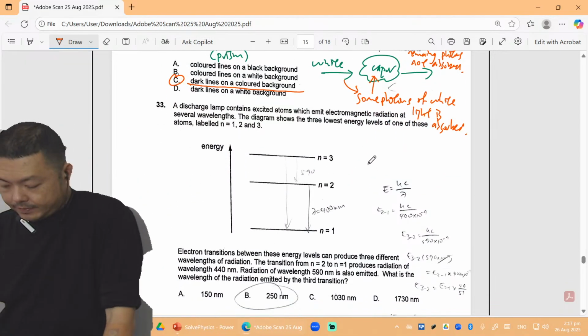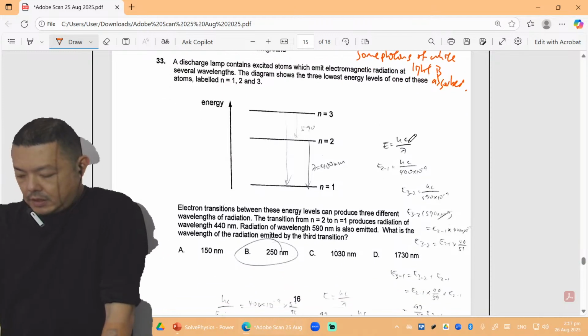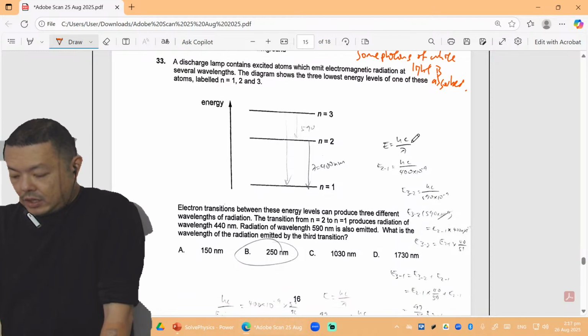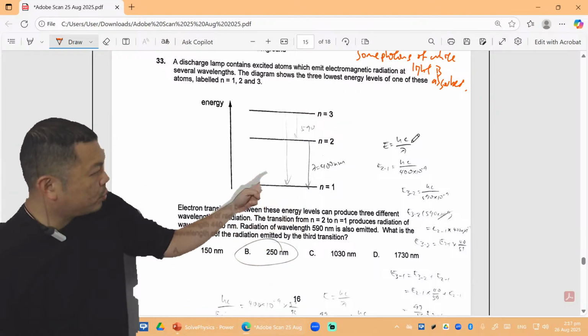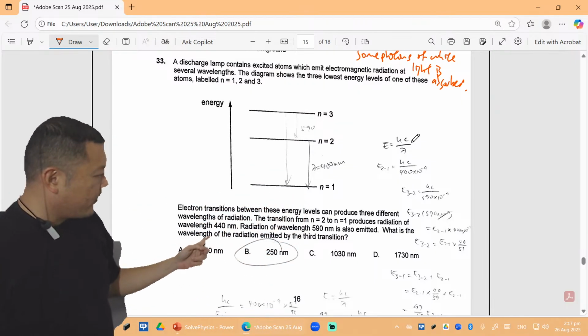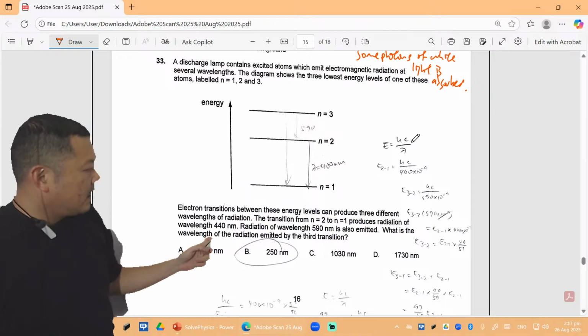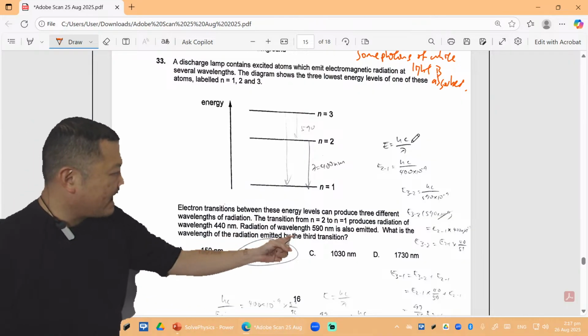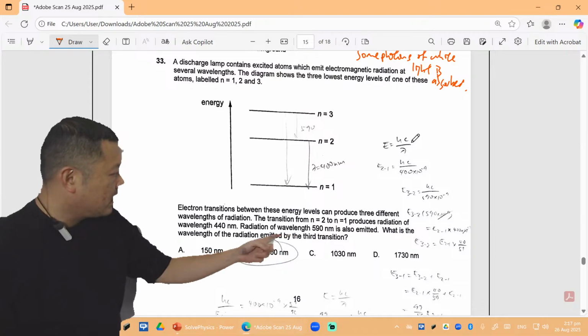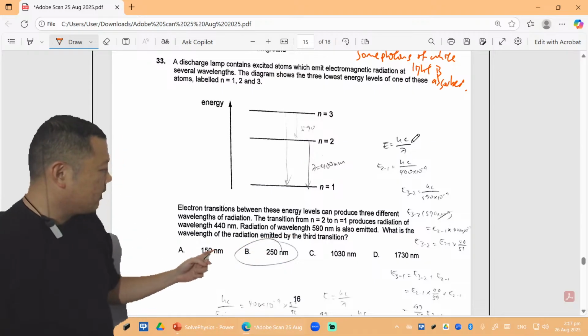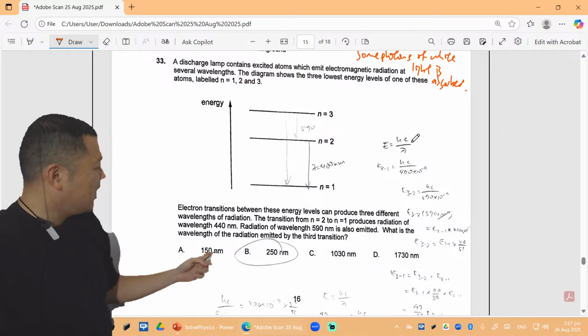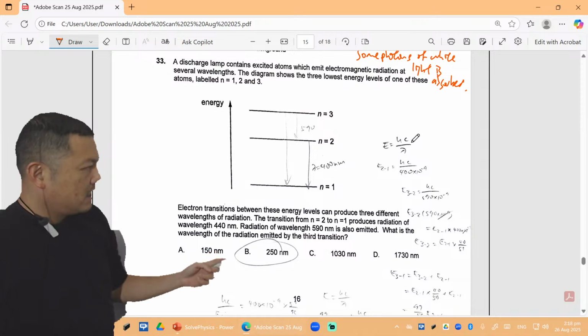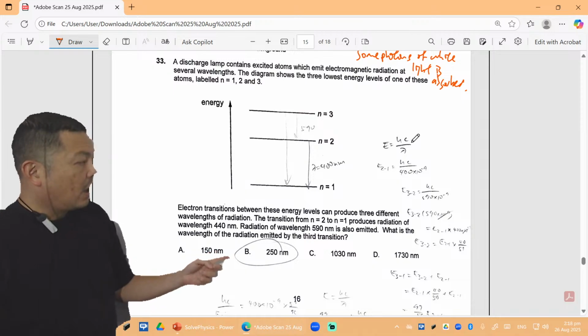Okay, 33. 2 to 1 produces a wavelength of 440. A wavelength of 590 is also emitted. What is the wavelength of emission by the third transition?